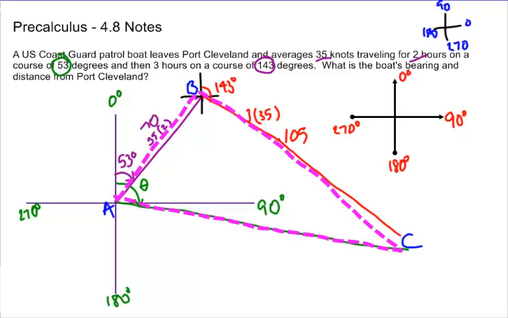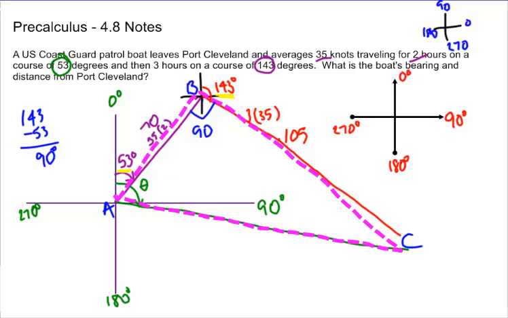Notice that if I've got my 53 degrees, and then I go to 143 degrees, the difference of those is 90. 143 minus 53 is 90 degrees. And so that's this angle inside my right triangle. We're going to work with that and go from there.